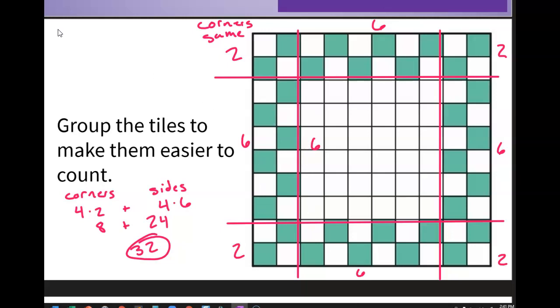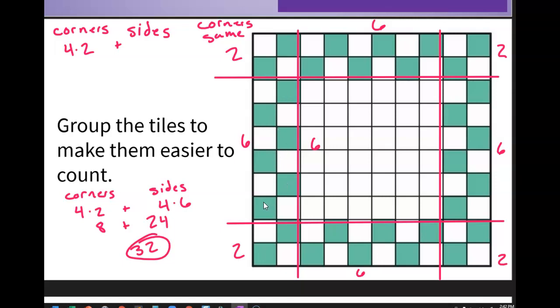So do you think it's fair to say that the corners will always have 4 corners times 2 tiles? The corners will always be the same. And then the sides will be however many tiles the white tiles have. See how we have 6 white tiles and then we have 6 color tiles.